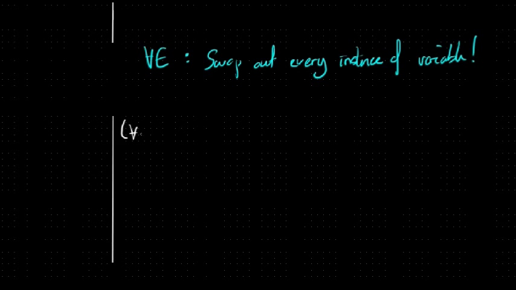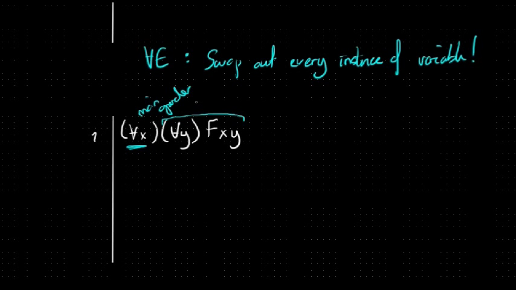So suppose we have AX, AY, F, X, Y. Okay, so every X is such that for every Y, X has property F to Y. Right, so everything has this property to everything else. Now in this case, it's the AX which is the main operator, and that has scope over all of this.